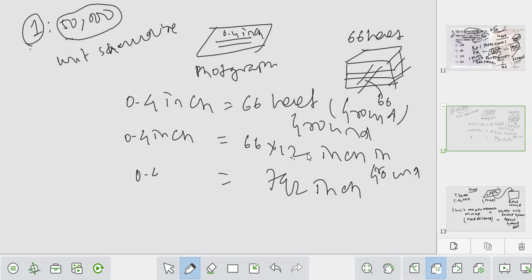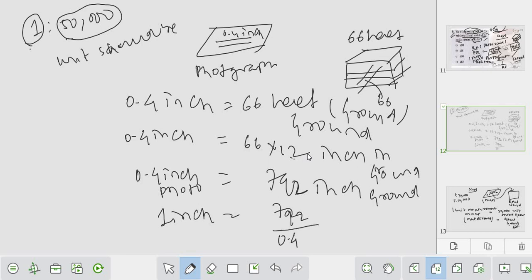So that means 0.4 इंच का जो डाइक है फोटोग्राफ पे, 0.4 इंच इन फोटोग्राफ, that is equivalent to 792 inch in the ground. Okay, then 1 inch कितना होगा, 792 by 0.4, it will come to 1980 इंच आएगा. तो RF कितना हुआ, 1 by 1980.